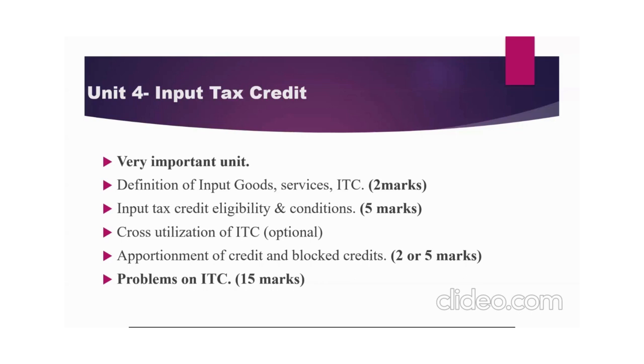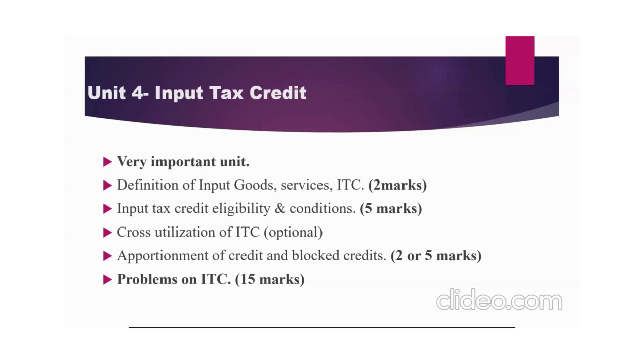So understand this one thing. And obviously the apportionment of credit and block credits, as I said, will definitely come for 2 marks. These types of topics will be coming for 2 marks. They will not ask you to write the features of ITC or the importance of ITC. Usually these questions are very rarely asked in 2 marks. 2 marks questions are asked in such a way that you have to write the meaning, or what a particular concept is, or to define any object or concept.